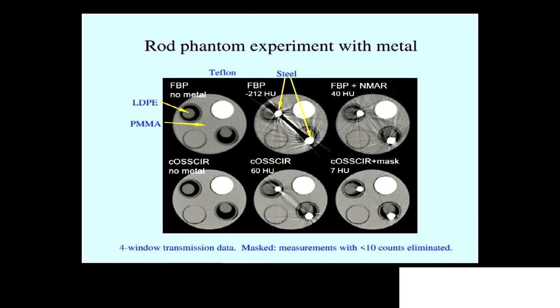And we can do even better by using the fact that we do not need to have all the information for all the energy bins, I mean, all the detector pixels. We know that when we have rays going through the metal, the data going into the low energy sensitivity windows is very suspect, because the photons that go through metal are going to be more or less high energy photons.